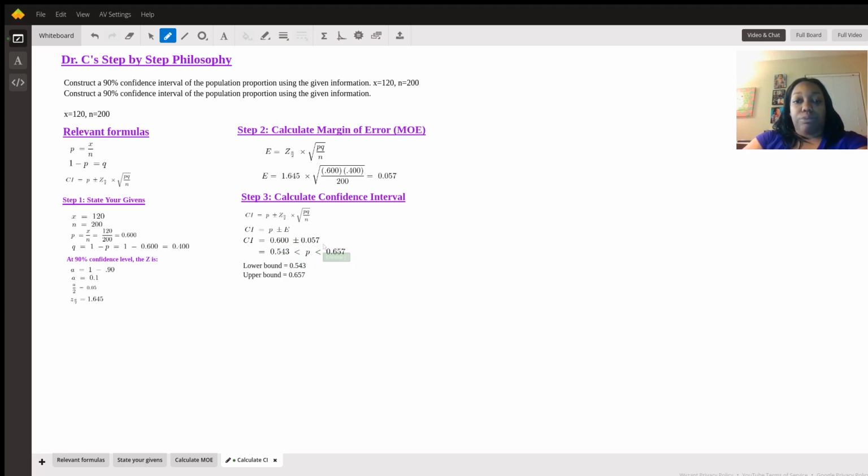When we subtract, it gives us 0.543. And when we add, it gives us 0.657. So that means our lower bound is 0.543 and our upper bound is 0.657.